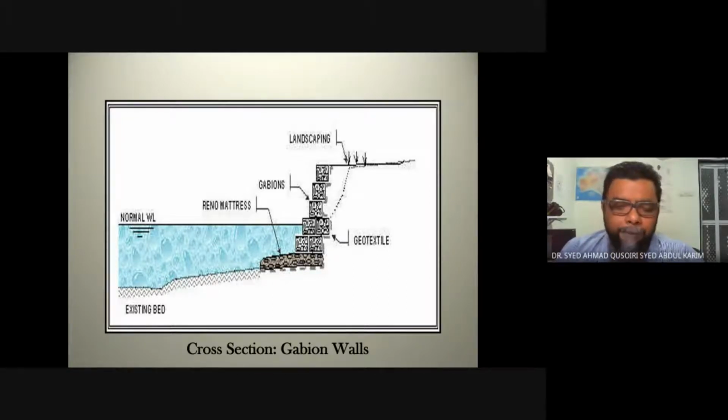But there is some preparation that you need to do. We have the mattress for protecting the surface here. And then we have the geotextile here, installed behind the gabion wall. It acts as a filtration system.